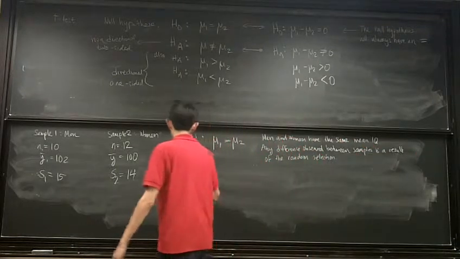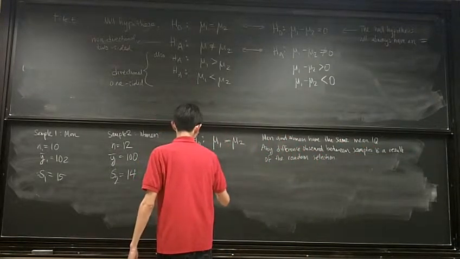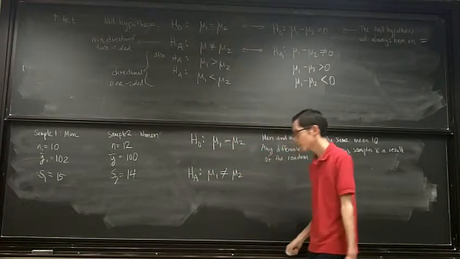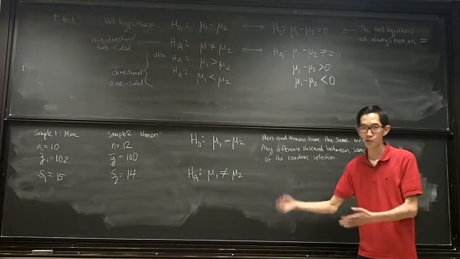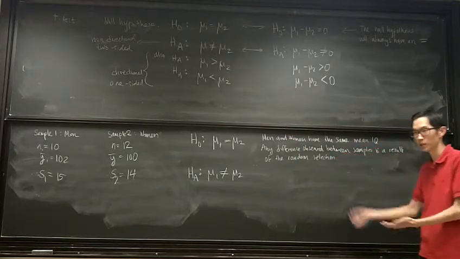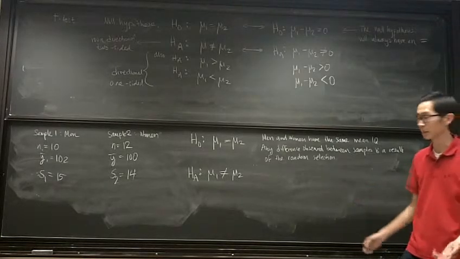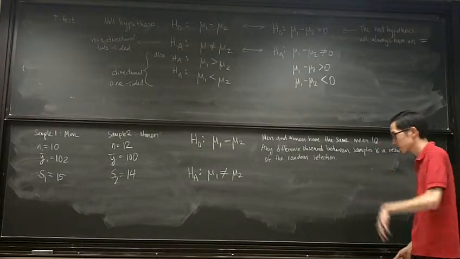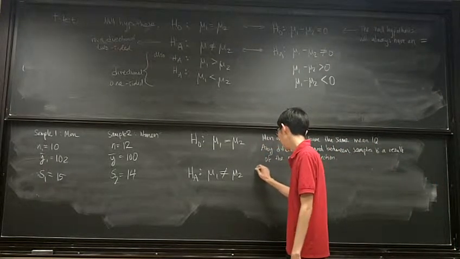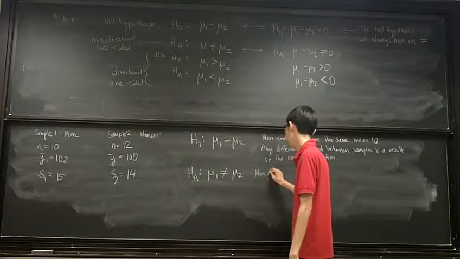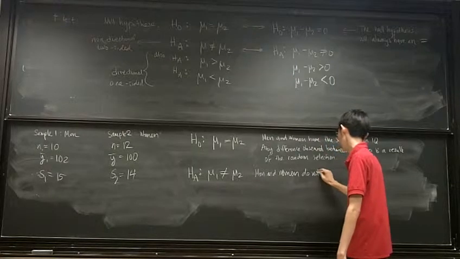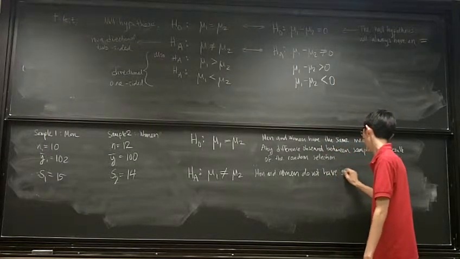And then the alternative, so we can say mu1 does not equal mu2. Or if someone was trying to prove that one group was smarter or had a higher IQ or lower IQ than the other, then we could put in a greater than or less than sign. Here this would say men and women do not have the same mean IQ.